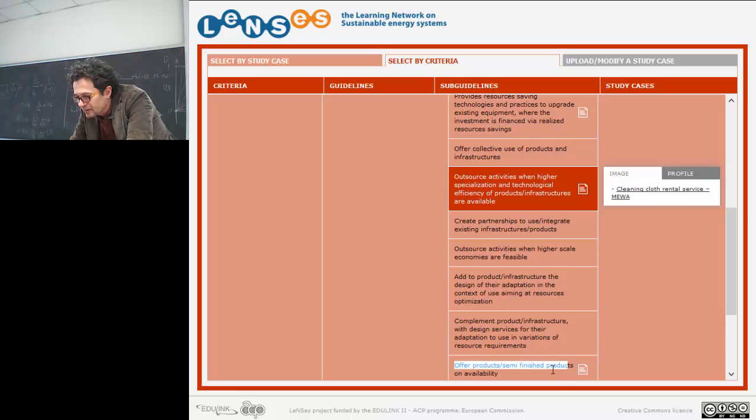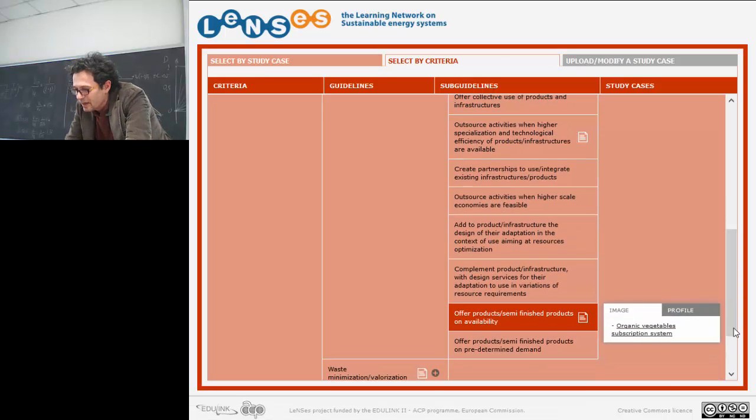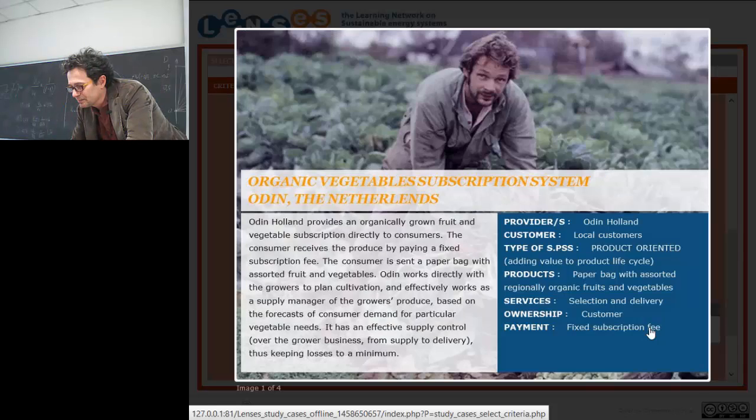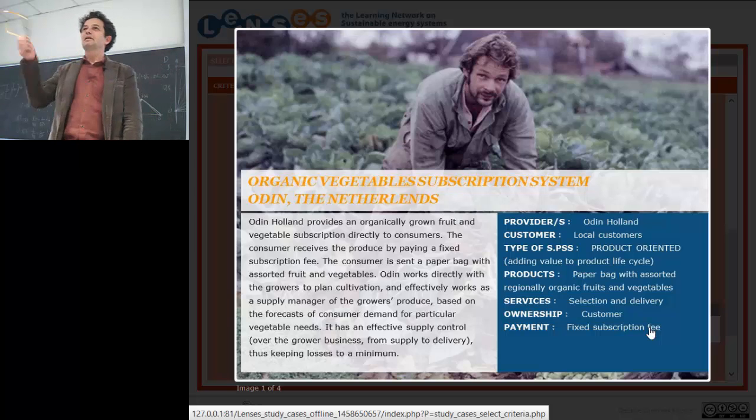Here I have another example, in this case offering a product or semi-finished product on availability. This is the case we go to the Netherlands, but we have a similar system even in Milan, and I believe in other places.